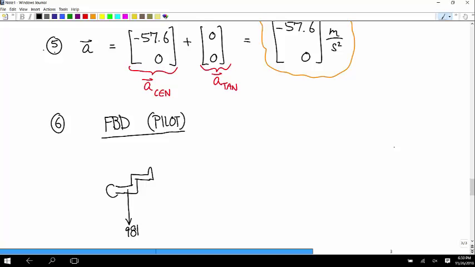And then the force applied by the chair, let's think of that in two separate parts. The back of the chair is going to be pushing this way. And the seat of the chair is going to be pushing this way.